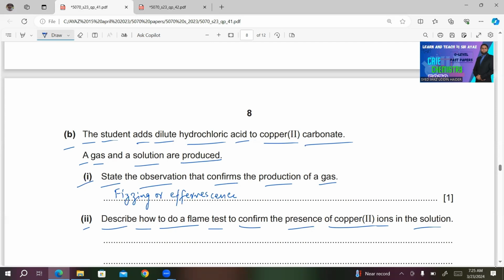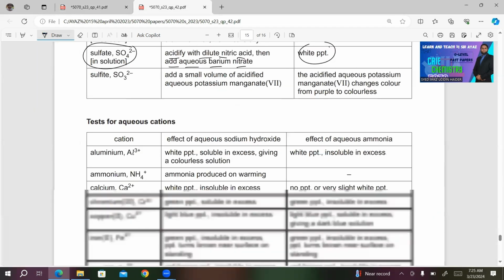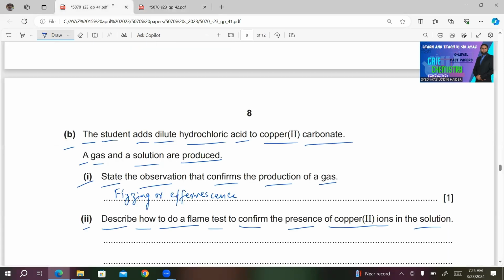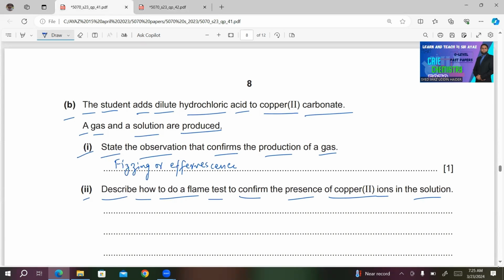Then bring it to a blue flame and you have to notice the flame change. Flame changes color. And in this case, what color will we get for copper? We must get blue-green for copper-2 plus ion. So you can write any workable method.